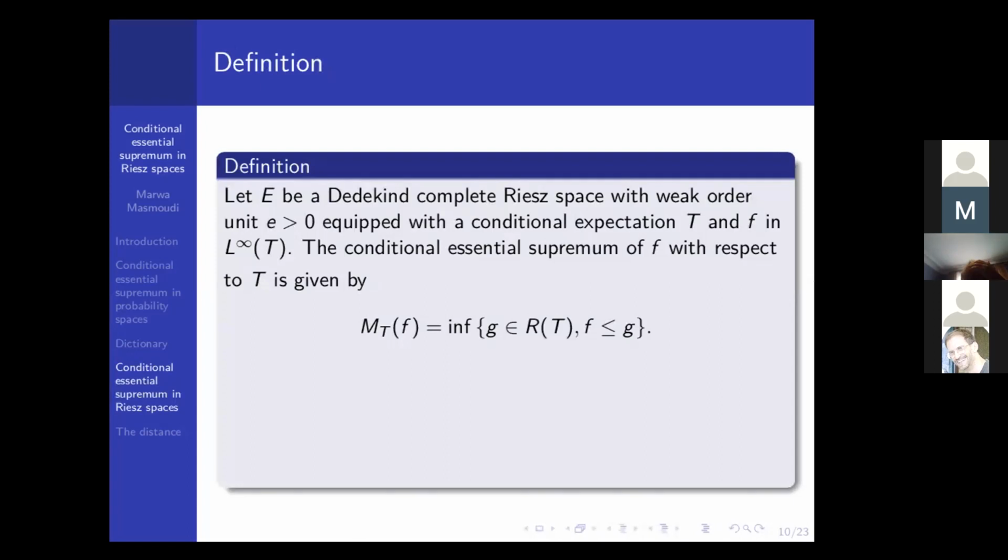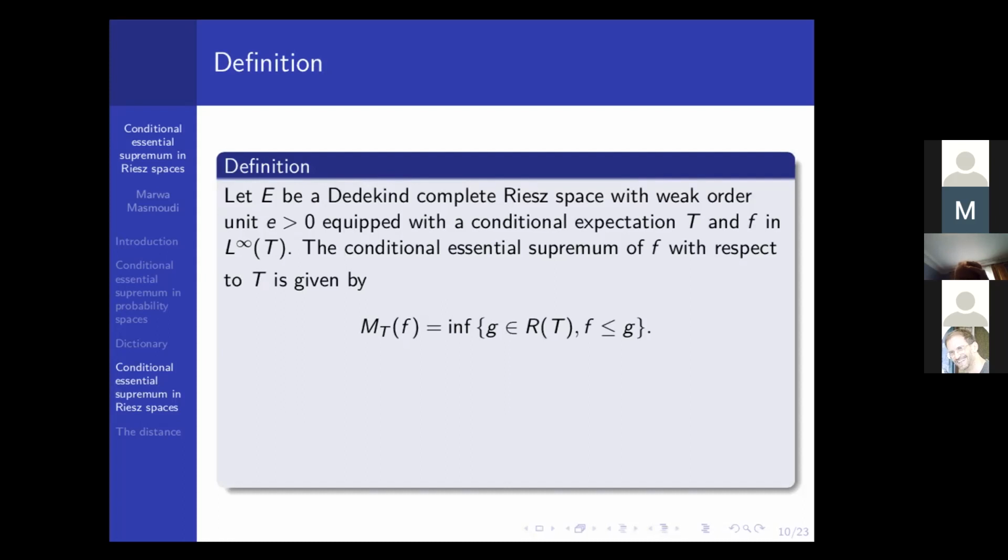We are now prepared to formulate a measure-free abstract definition of conditional essential supremum in the setting of Riesz spaces. As said before, we choose the characterization to state the version of conditional supremum in Riesz spaces.